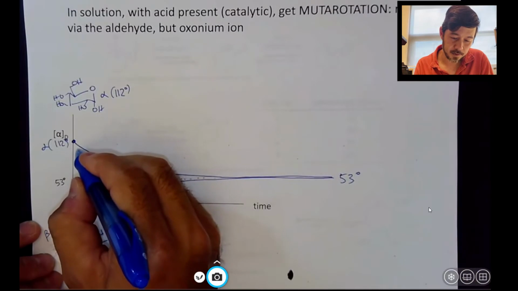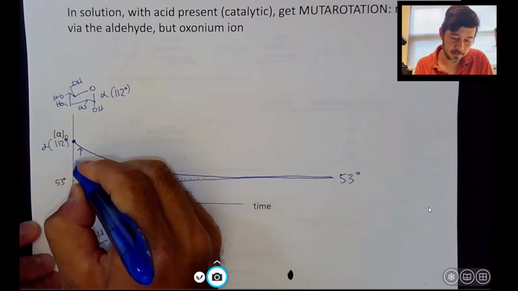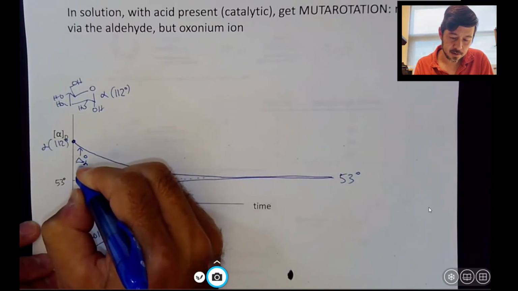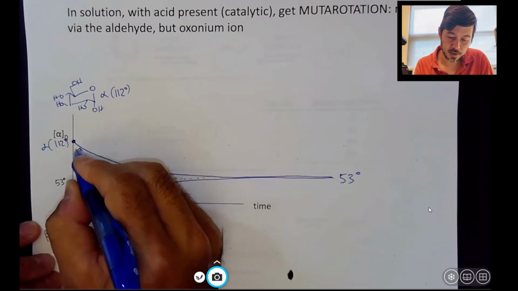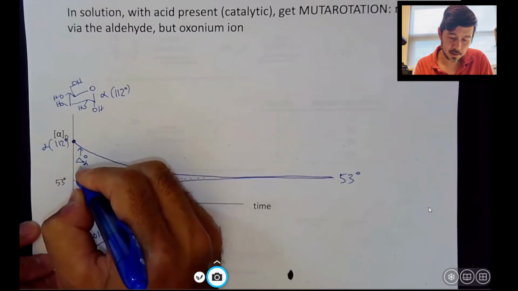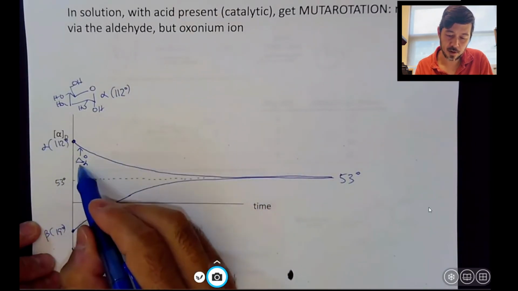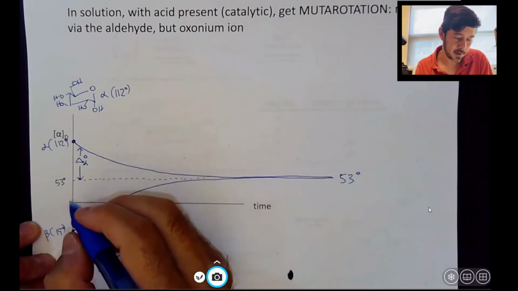Now, let's see what's happening. If we take a look at the change, the delta alpha optical rotation between when we start the experiment and when we end, we've gone from 112 to 53, and we'll call that delta alpha degree.